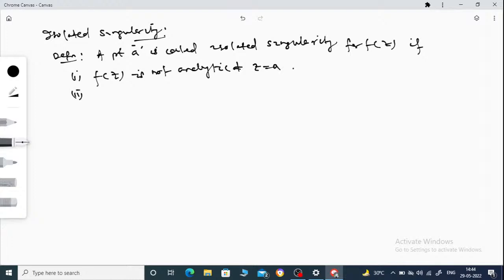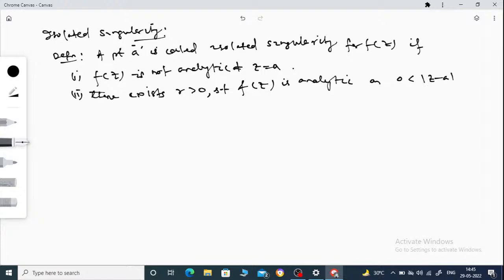And what is the second condition? The second condition is there exists r greater than 0 such that f of z is analytic on 0 less than |z minus a| less than r.